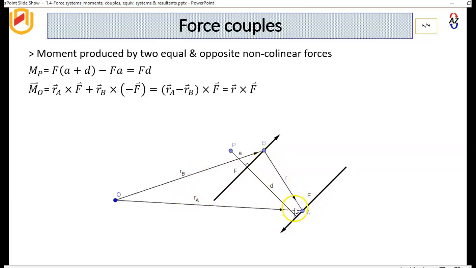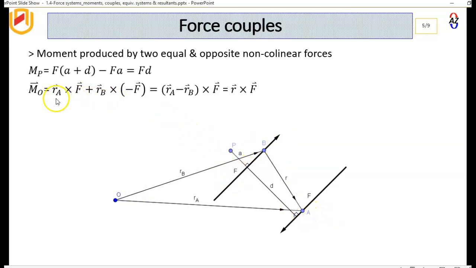So we can say the moment about O is RA cross F plus RB cross minus F, because this F is going to go opposite to this one.